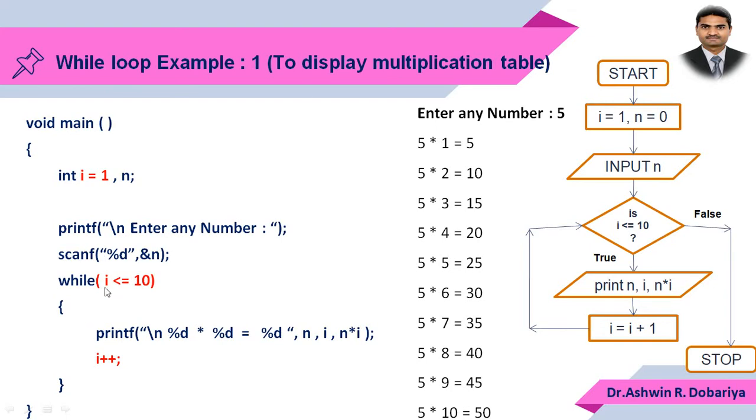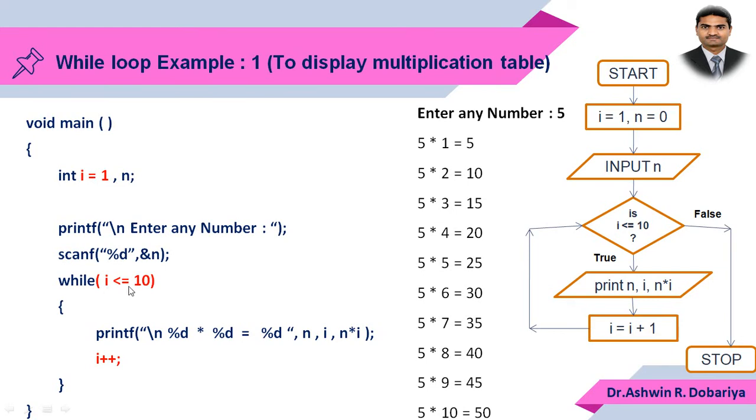It means 1 is less than 10, 2 is also less than 10, 3 is also less than 10, 4 is also. In that way up to 10, because 10 is also less than or equal to 10. So this loop will continue up to 10 times. But when i becomes 11, this condition becomes false, and then control transfers outside the while loop.